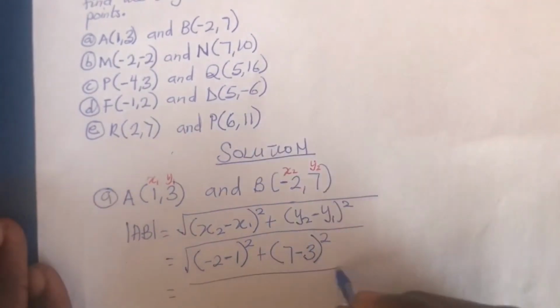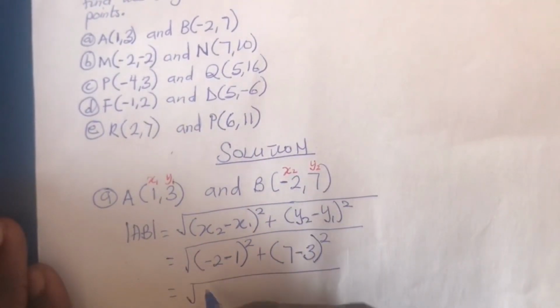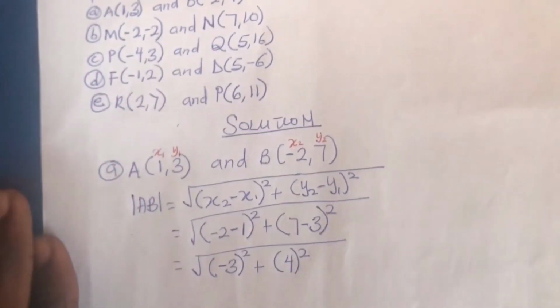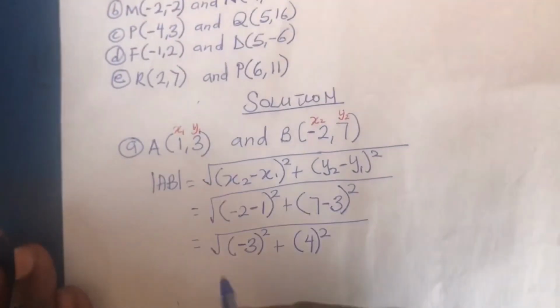So we come down and then we simplify. -2 minus 1 will give us what? Minus 3, all squared, plus 7 minus 3 will give us what? 4, also all squared. Are we following? Excellent.